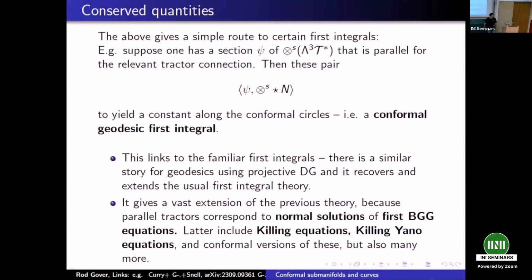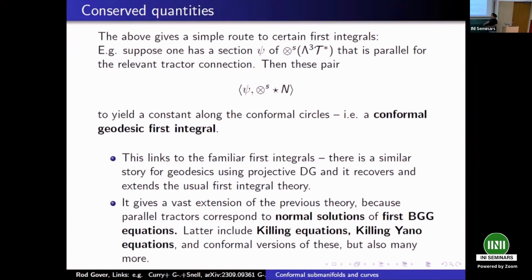Okay, so as a little payoff, we see that you can now, at least in some circumstances, proliferate conformal conserved quantities along the curve, so first integrals. So how do you do that? Suppose this is a conformal circle, then it has this parallel 3 tractor.